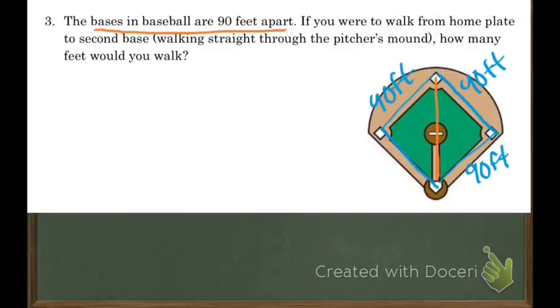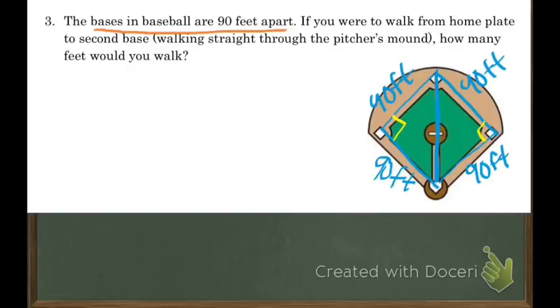And from third to home is 90 feet. But they want to know the distance across the middle of the field. How many right triangles do you have that you could work with here? I see 2, personally. So, your right angles are formed at the corners of the field.